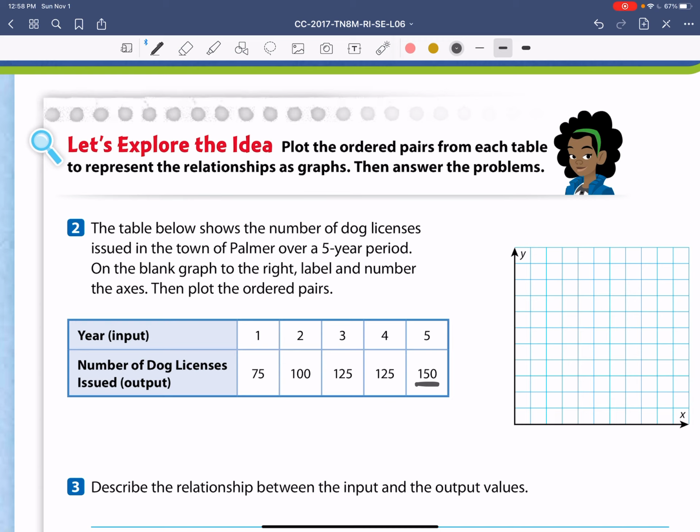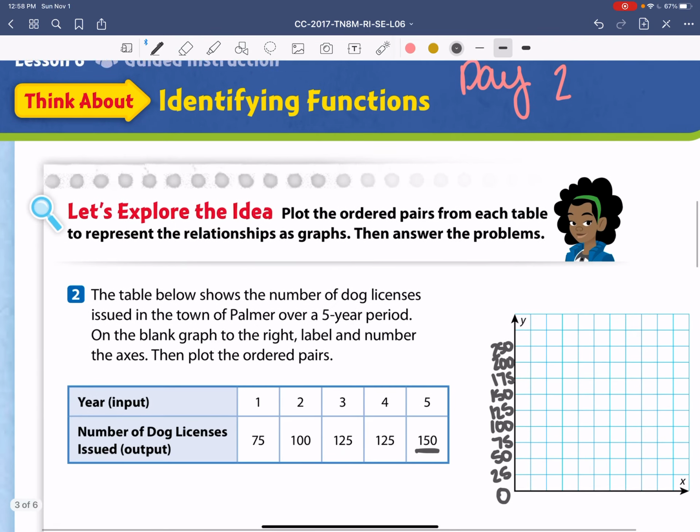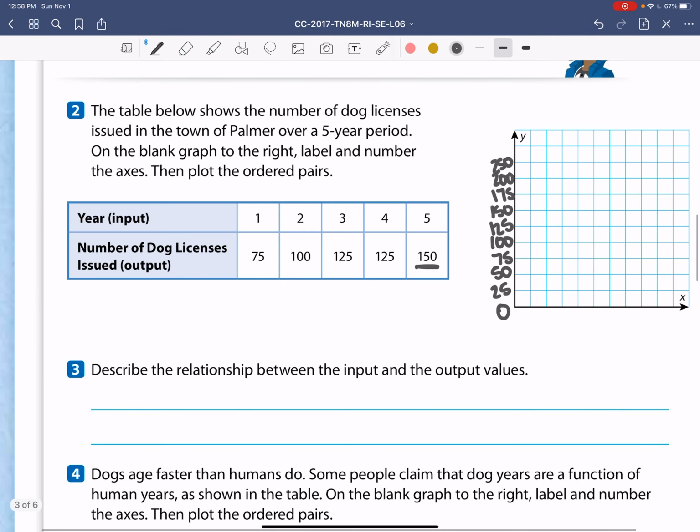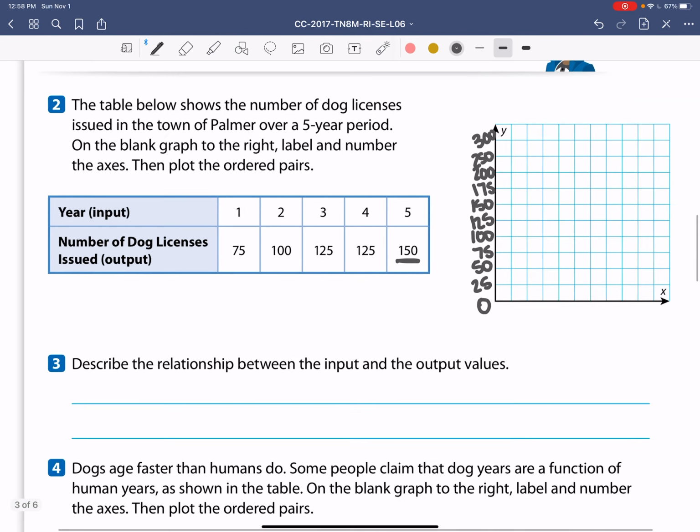We'll just start it at 0 and then go up by 25, and 300, and we'll stop there. And then we'll just go by ones for our x-axis.